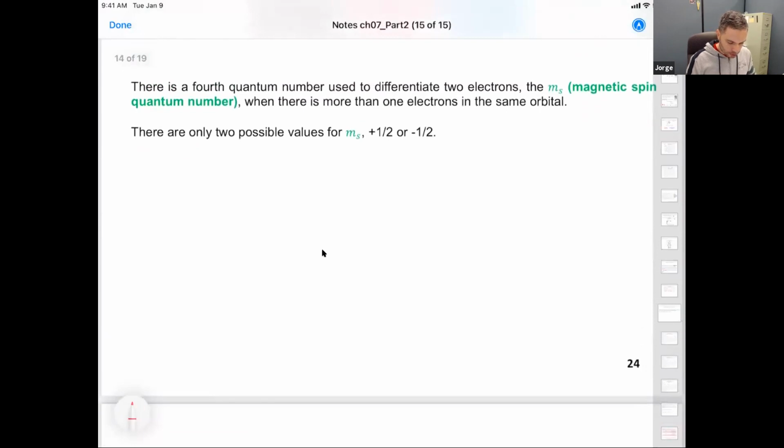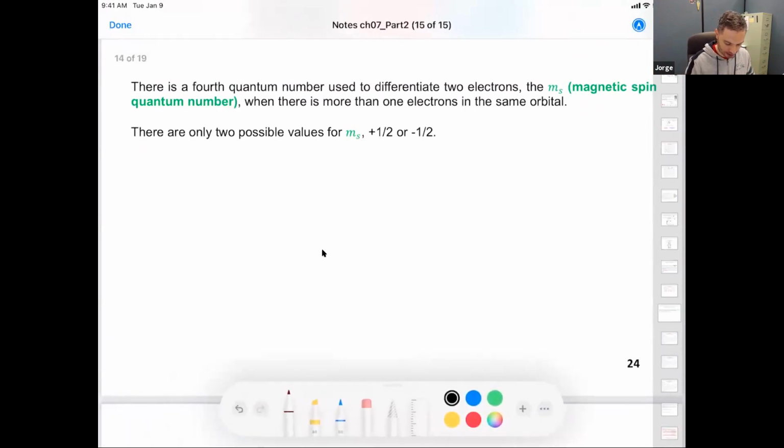Okay, so think about one thing. The four quantum numbers are used to describe a unique electron. If we have the four quantum numbers, we can tell basically everything about this electron.